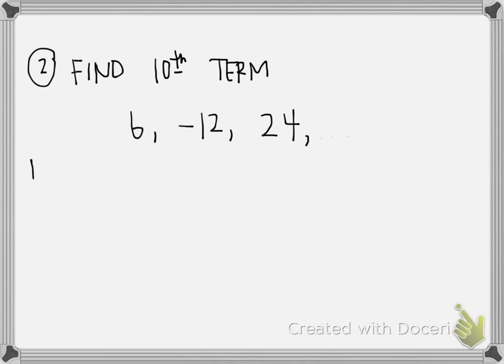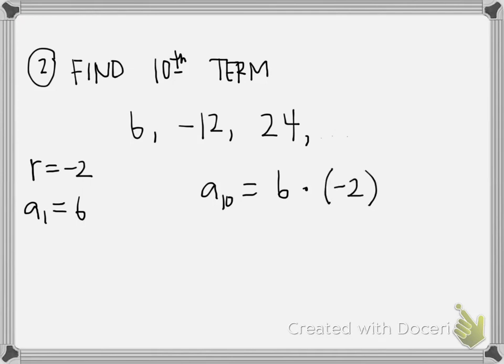My R here is negative 2, and my A1 is 6. So I can find the 10th term by saying 6 times negative 2 raised to the 10 minus 1.